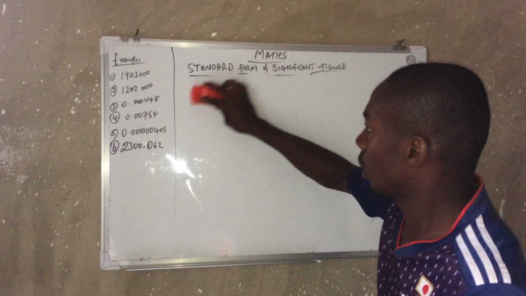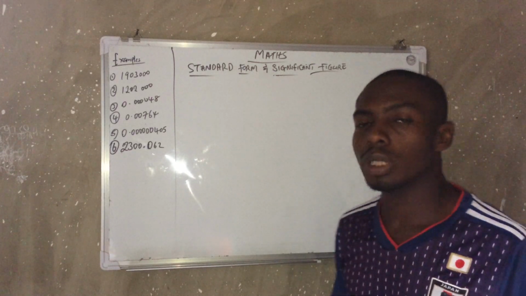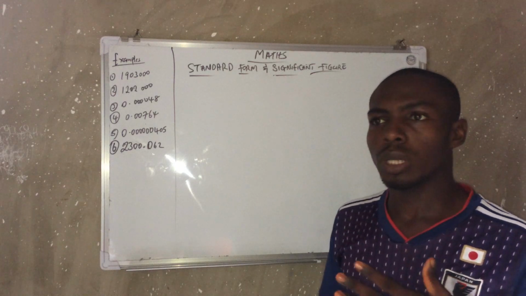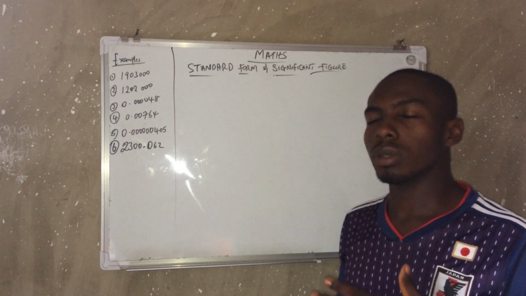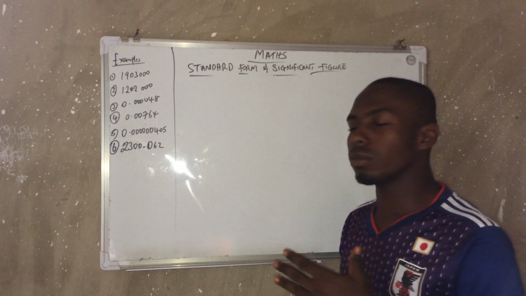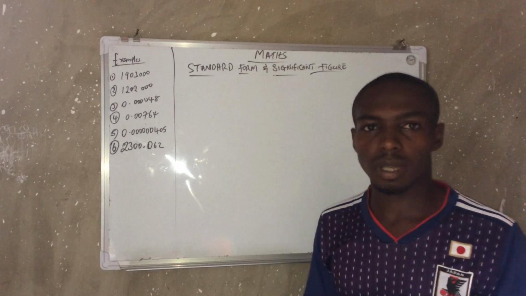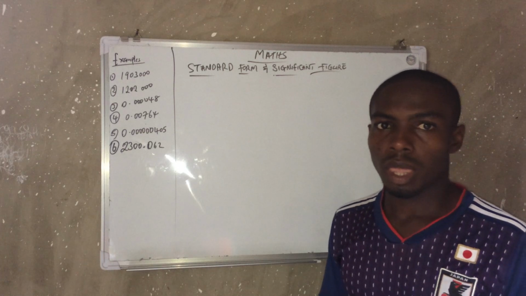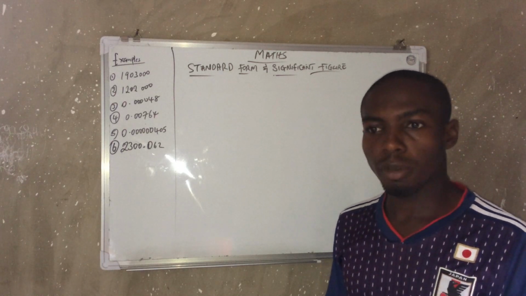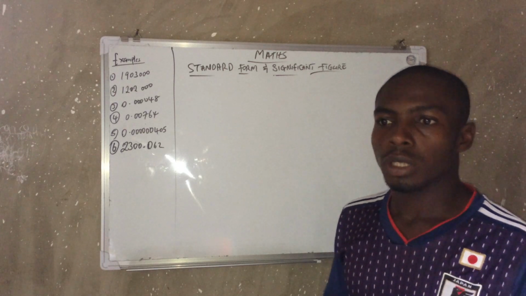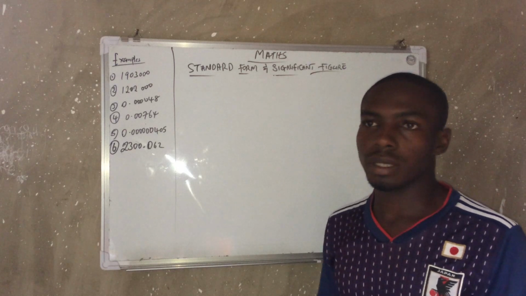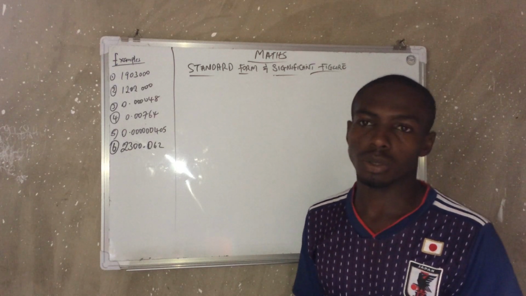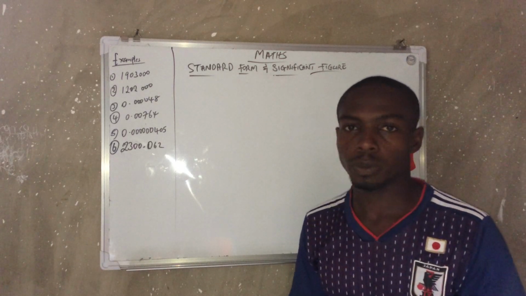Also, there are some rules I would like to put down on the board that will help us to find the significant figure of a number, and to change a number from its original form to the number of significant figures they ask us to change it to.